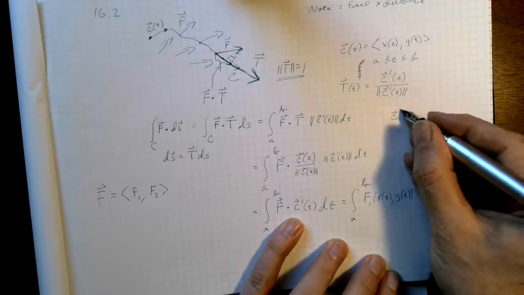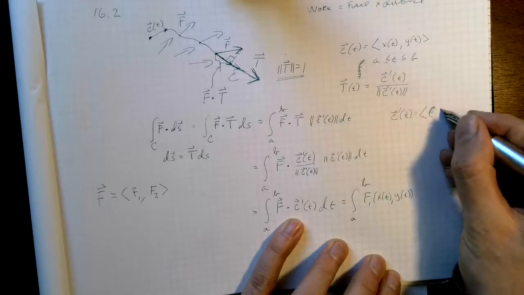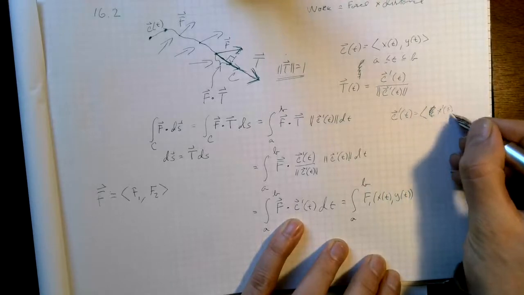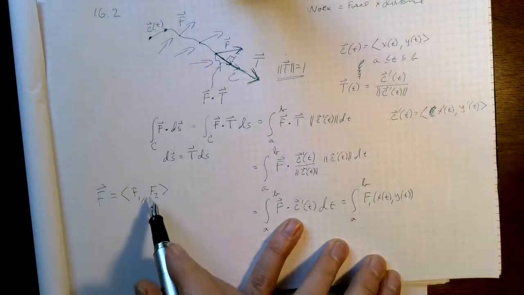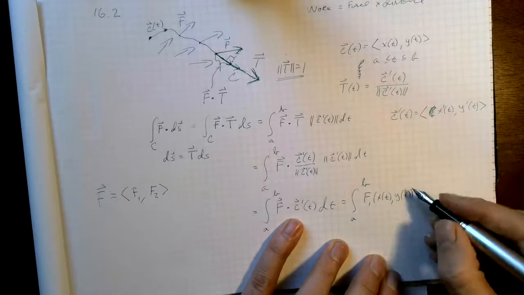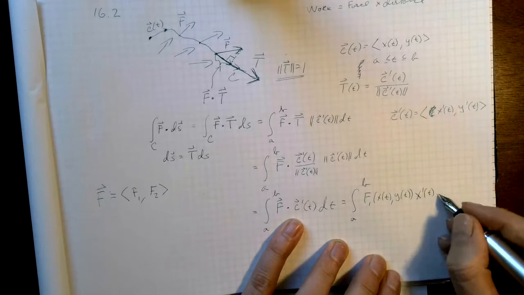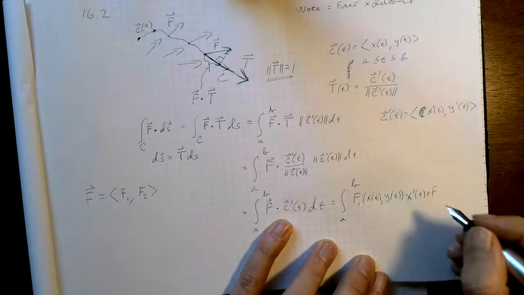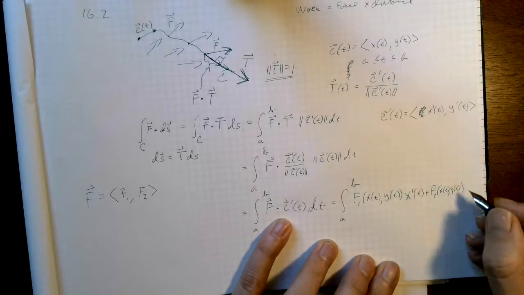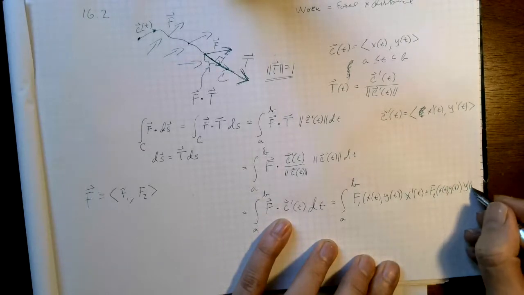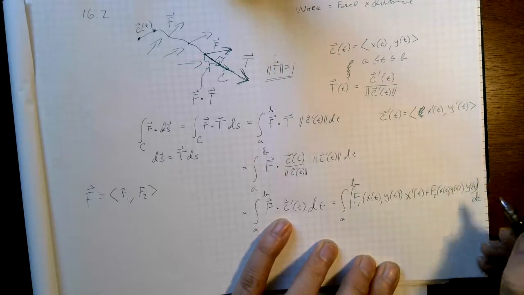C prime is this vector, the x prime of t, y prime of t, right? So if I'm dotting this vector with this vector, you get f1 times x prime plus f2 of x of t, y of t, times y prime of t dt. Don't forget the dt, right?